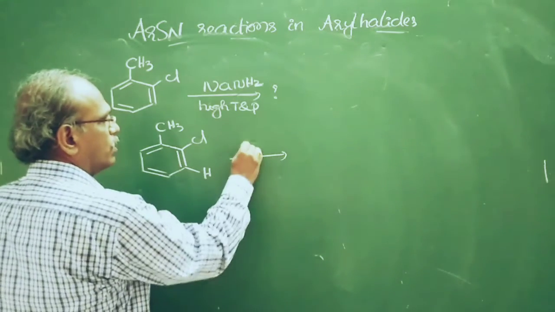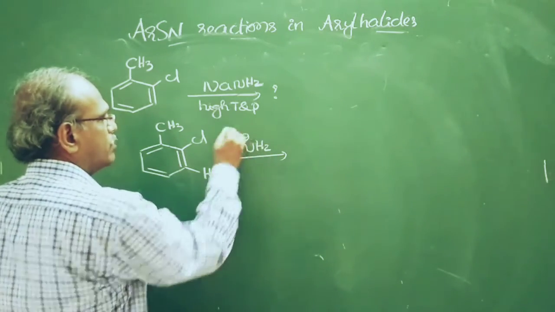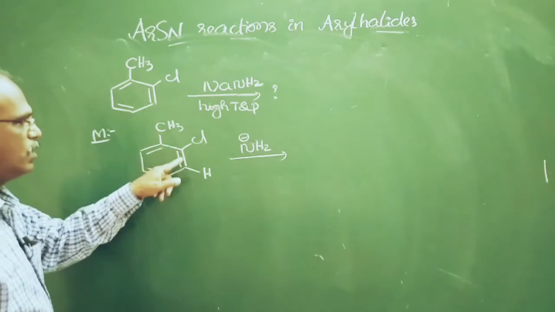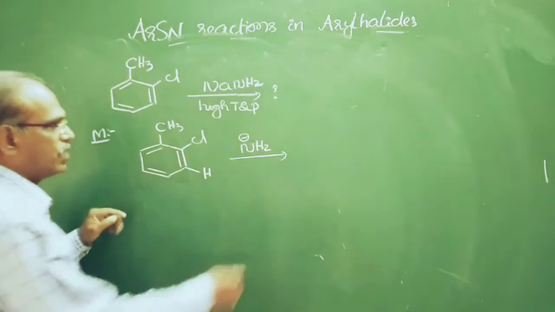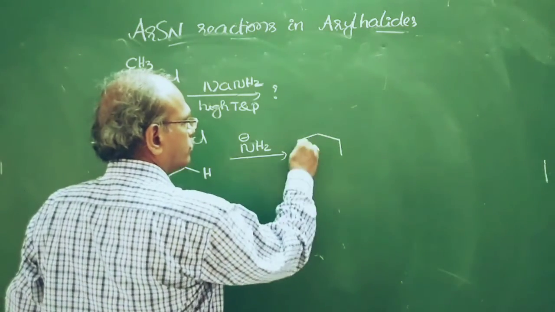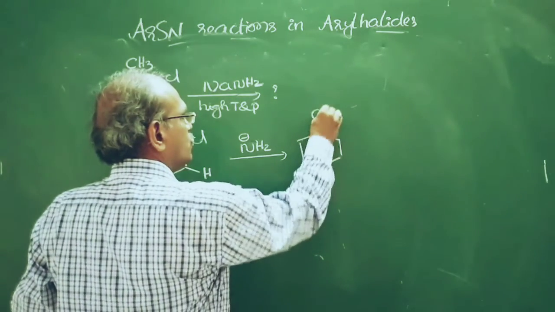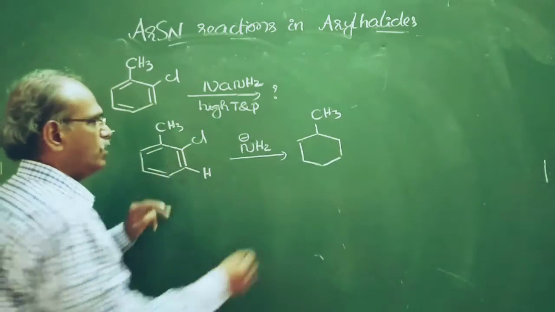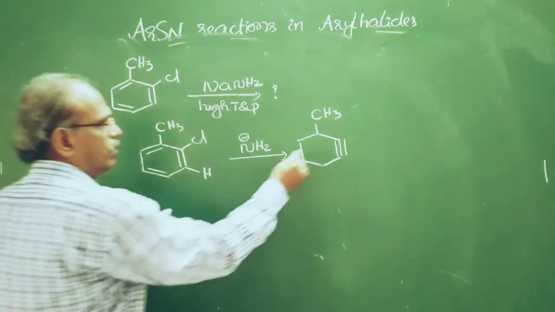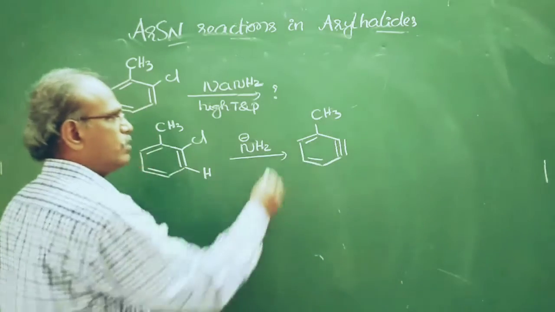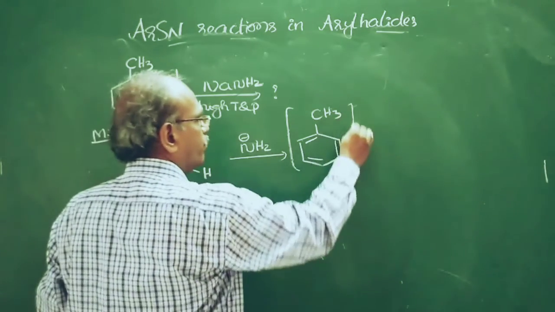See, with NH2 minus, for this Cl, H is available on this carbon only. So here we get benzyne. Now CH3, then triple bond, double bond, single bond, double bond. This is the intermediate.